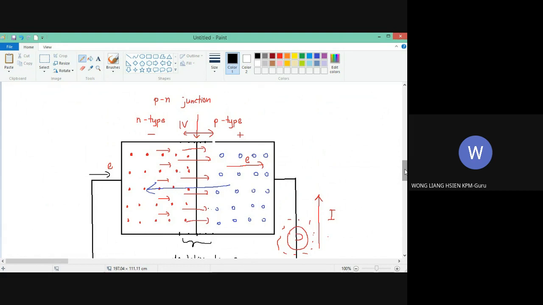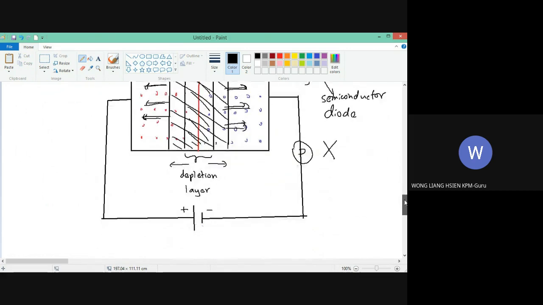So if a person asks what is the function of a diode, you say it allows current to flow in one direction only. That is the function of a semiconductor diode, to allow current to flow in one direction.